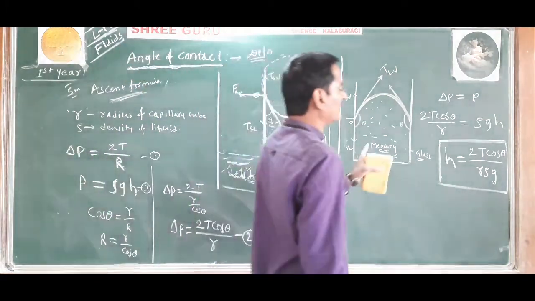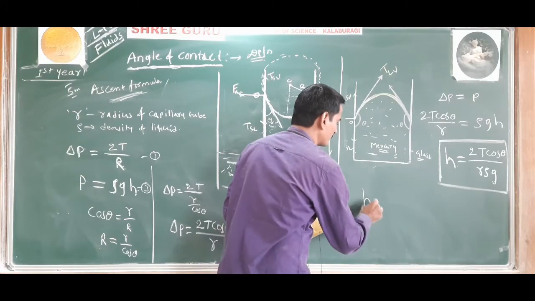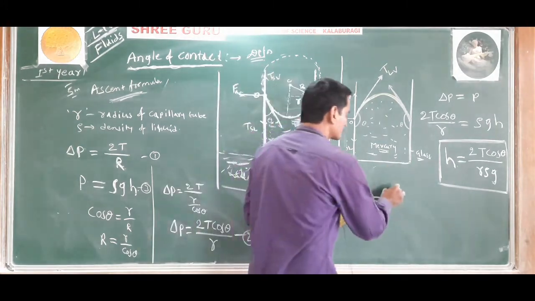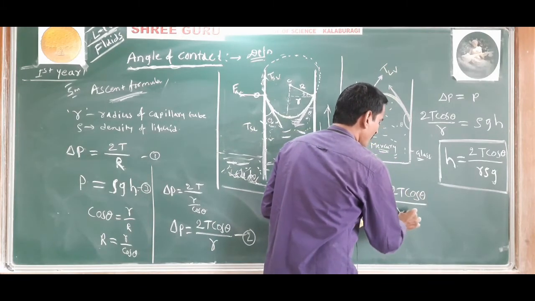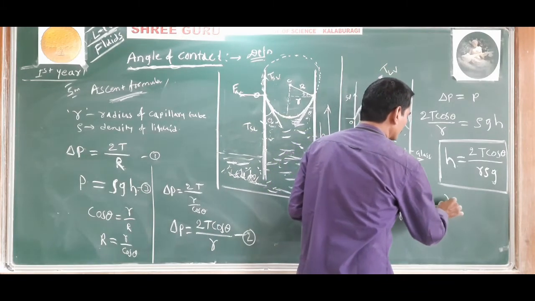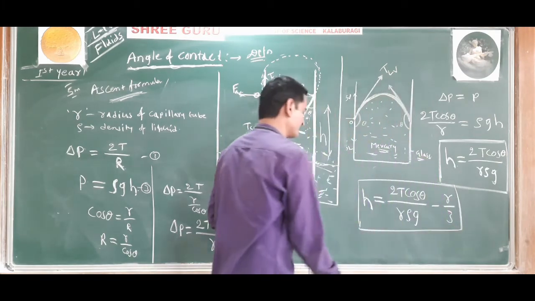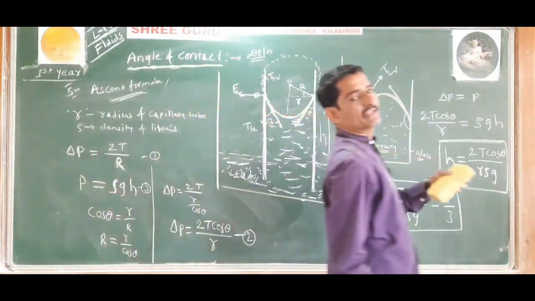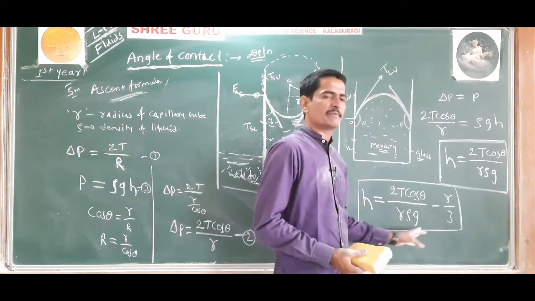If you consider the volume of the liquid inside the meniscus, the formula will change to h = 2T cos θ / (r ρ g) − r/3. So if the volume of the liquid inside the meniscus is taken into account, the formula becomes this one.